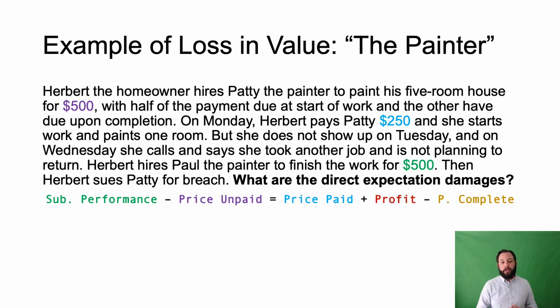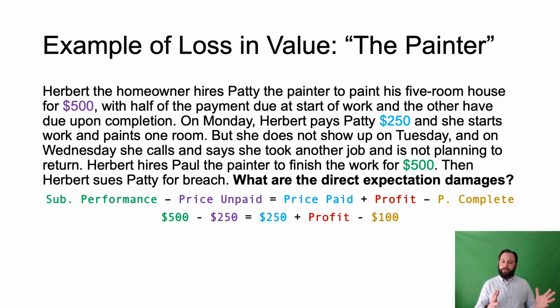So let's plug into our formula. We're going to look at, on the left side, the cost of substitute performance minus the price unpaid, the cost avoided. And that is going to be equal, as we saw when we derived the formula, to the price paid plus the expected profit minus the value of the completed performance. So how does that shake out here?